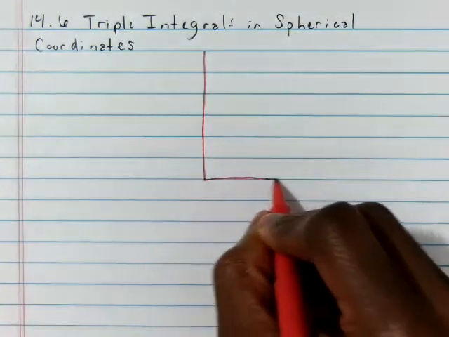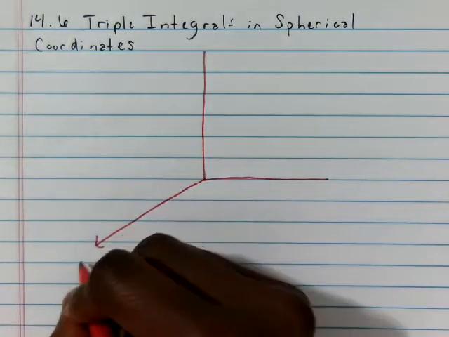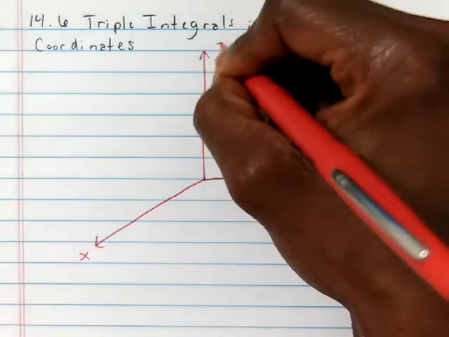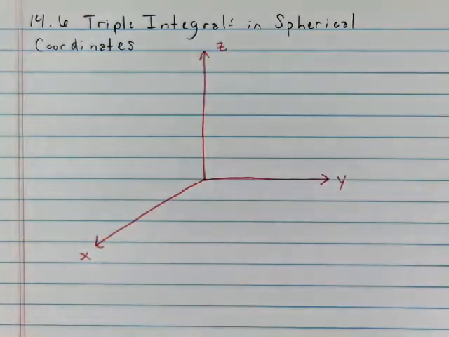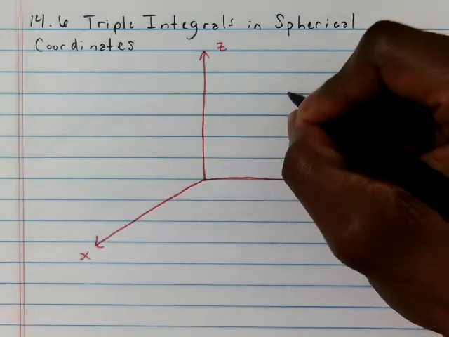So we'll sketch our three-dimensional coordinate system. And then we'll consider some point x, y, z. We're going to label it differently though, so we'll just put a point right here.